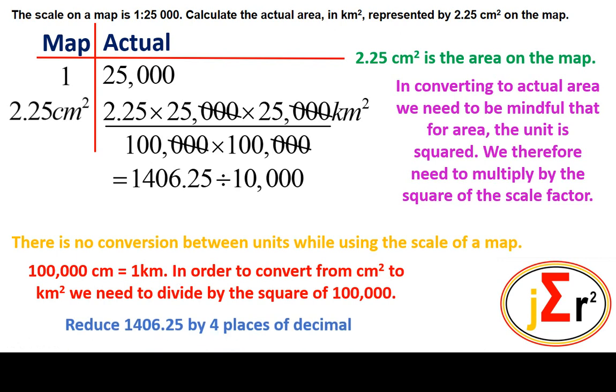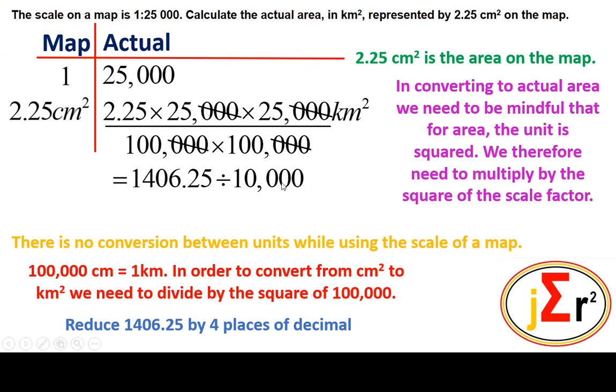We are going to reduce 1,406.25 by 4 places of decimal. And we will do that again in true primary school fashion, which requires that we do something like this. 1, 2, 3, 4.